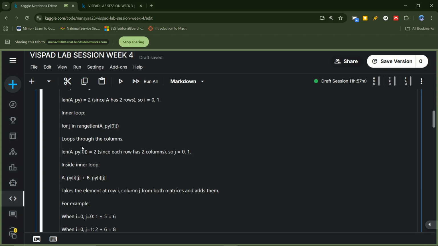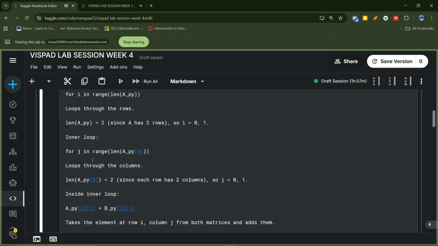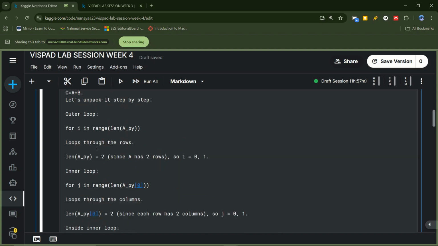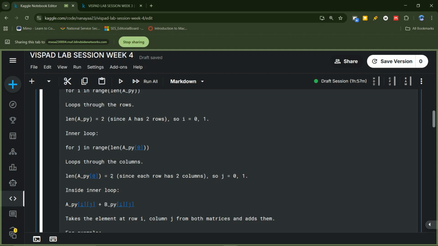So you understand why the answer for this is 2, because len of a underscore py grabbing the position of 0 is equal to 2, since each row has 2 columns. So it means that j is also equal to 0 and 1, because range of len a underscore py position 0 is equal to 2, meaning range of 2 is what?